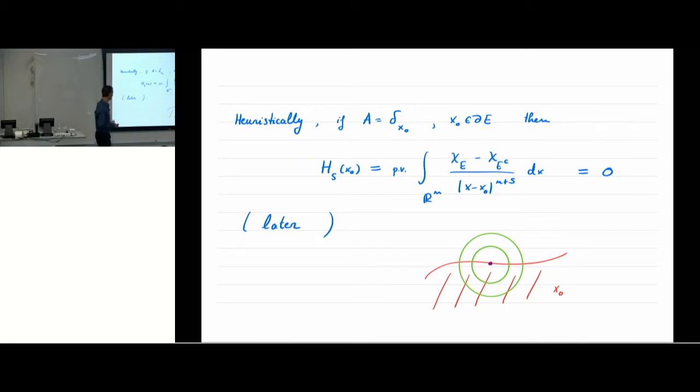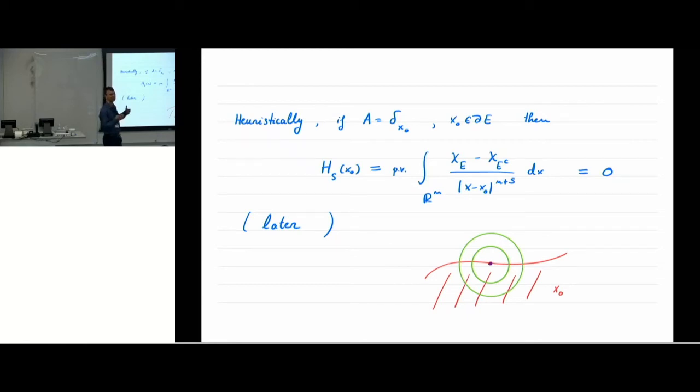Okay. However, this is not yet, it's only formal because I'm not sure exactly how to let A be a Dirac delta. So let's see, so far, are there some questions about what I said so far? Yes. Yeah, well, here it's not clear what is the boundary of E. That's why I cannot do it.